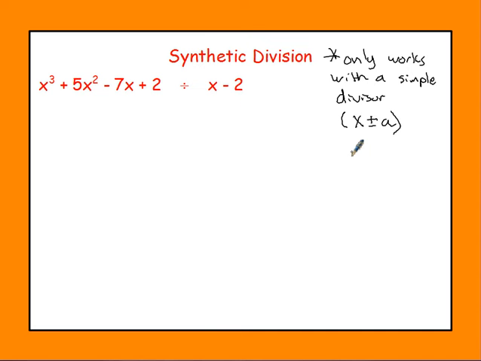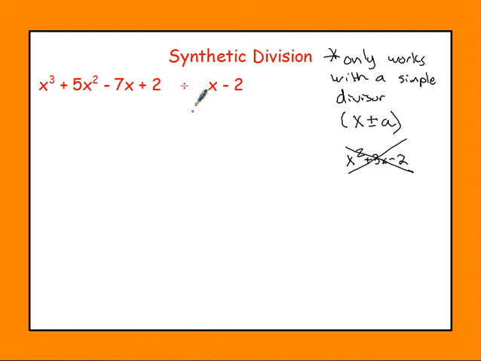But if your divisor was like on our last one, x squared plus 3x minus 2, it will not work. Synthetic division will not work. It has to be a very simple divisor. If it is, then you can feel free to use synthetic division. But if it's not, you have to use long division. That's why I show you long division first, because first of all, it works all the time, and it works with complex problems as well.